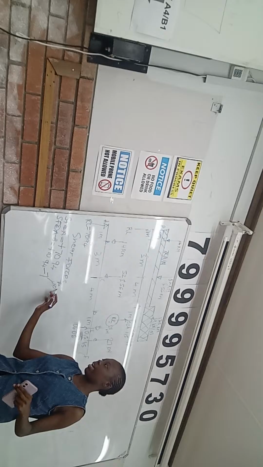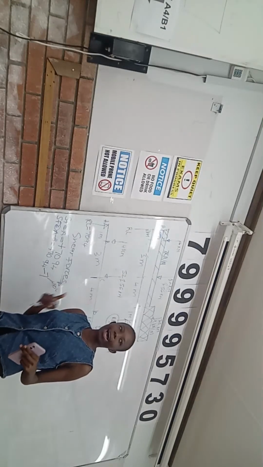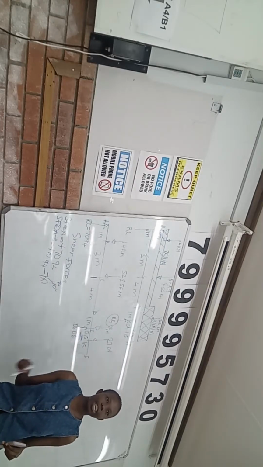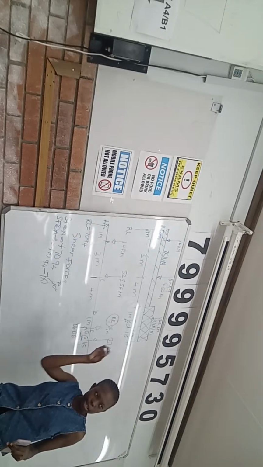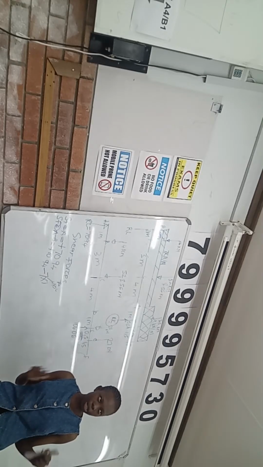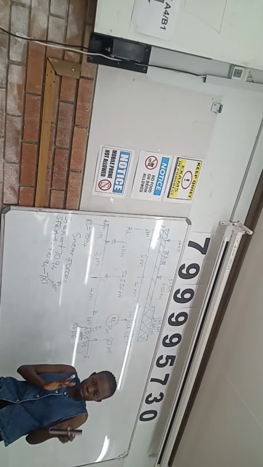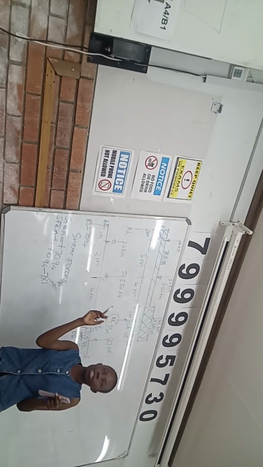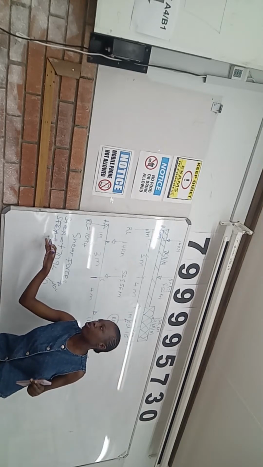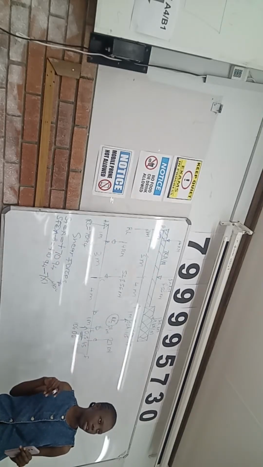And then what is the distance of the UDL from A to B? 1. So it's 7 multiplied by 1. From A to B there is a force happening there, which is the UDL, so UDL multiplied by that distance from A to B. You can't say the distance at A to B is the distance of the UDL.